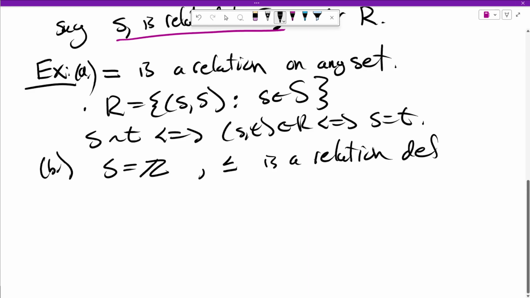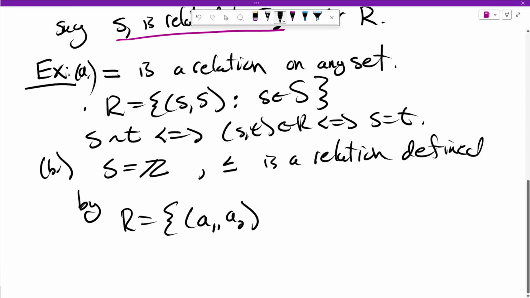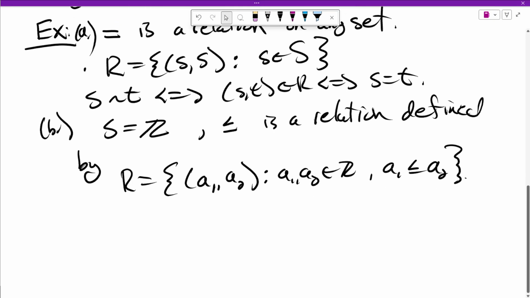It's defined by the following subset. Since we're using integers, let's use a for our elements here. So a1 and a2 should be in Z. And what should be the case if we're trying to capture less than or equal to? Well, the first coordinate should be less than or equal to the second. And that is the less than or equal to relation.